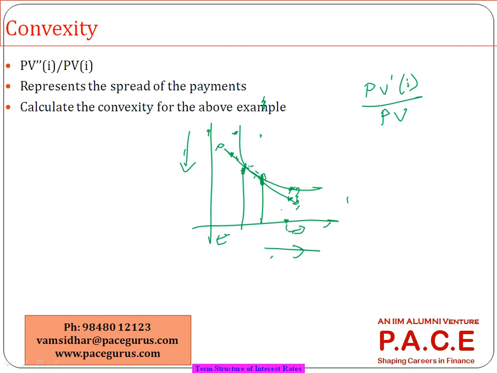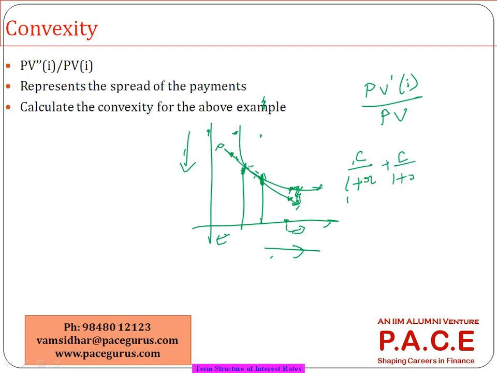So there is a gap between what the duration is predicting and what the actual price is. To minimize that gap, we introduce the next derivative, called convexity, which is a measure of the curvature.